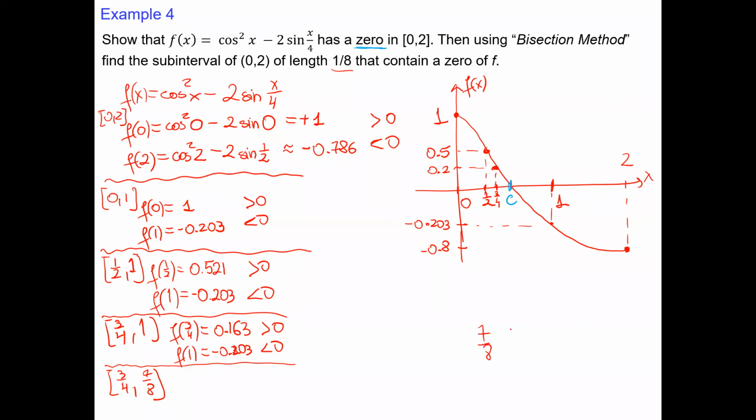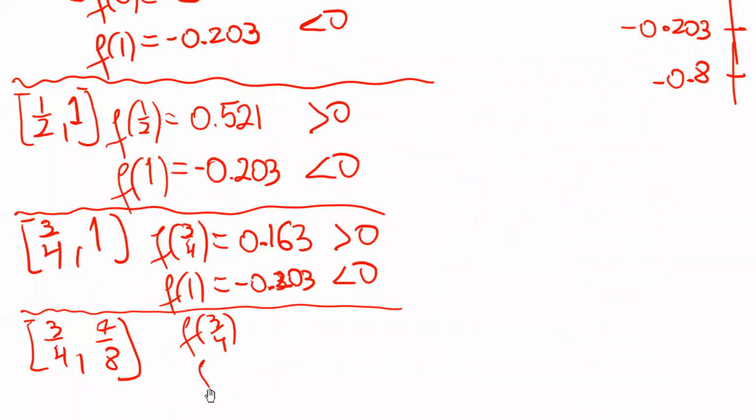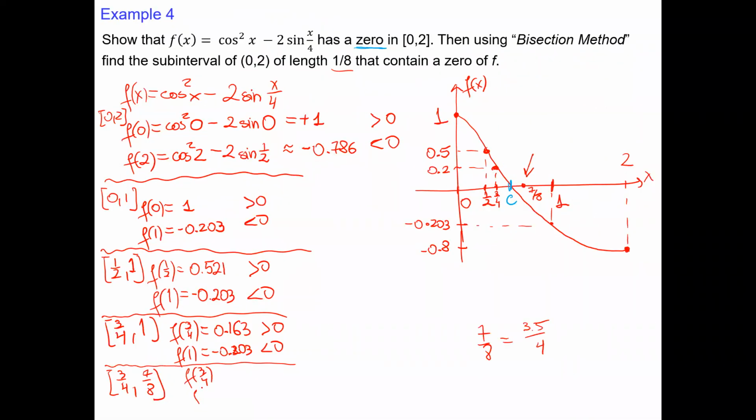If we take the interval to 7/8, that's 3.5 quarters. I hope, yeah, 7/8, because I tried a couple of values. This is the interval from 3 quarters, and this will be 7/8. Oh, too tiny, too low, actually.